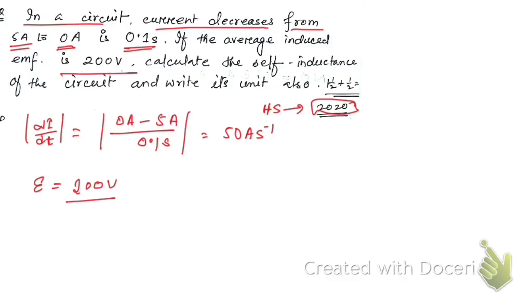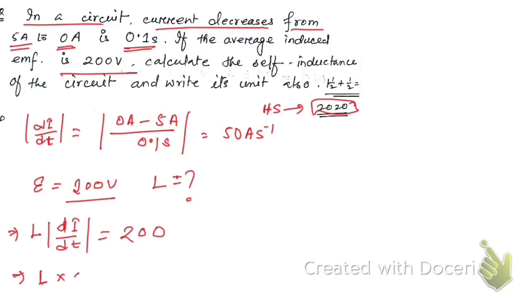We need to calculate the self inductance, that is L. We know that the induced EMF E is equal to L into di by dt, which we have already discussed earlier. So 200 equals L into di by dt, and di by dt we have got is 50.